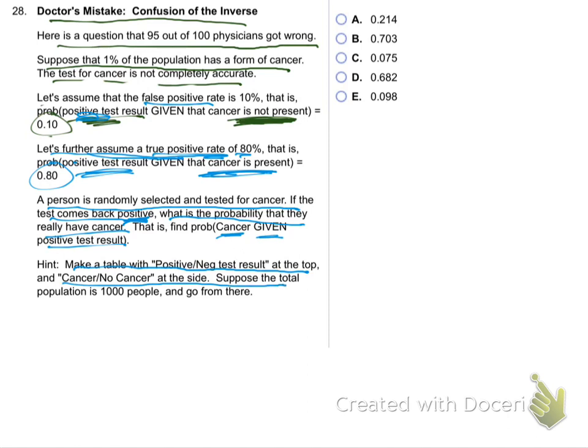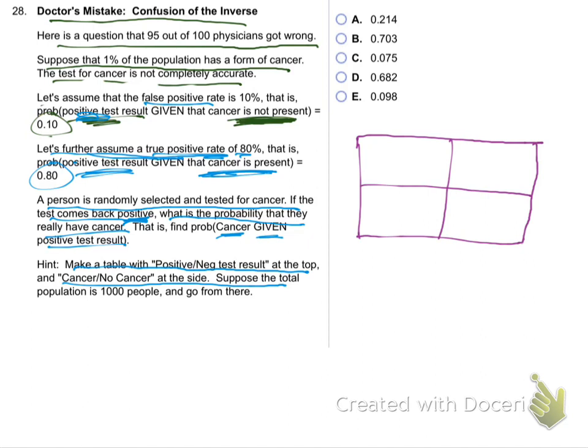So let's do that. So I'm going to come over here. I'm going to make a table. Positive, negative test result at the top.